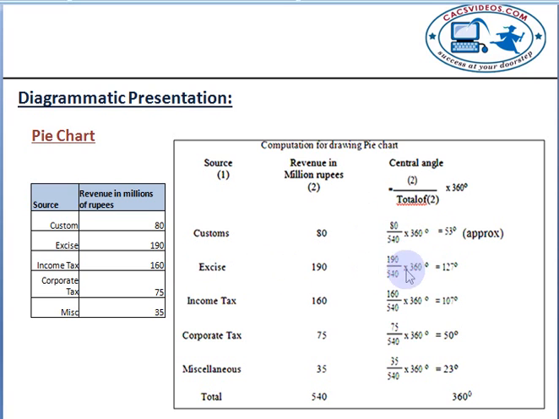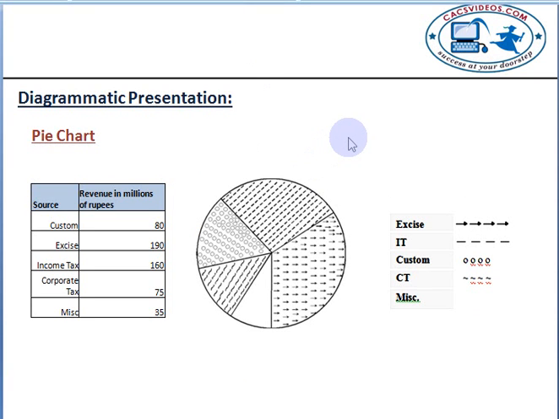Similarly you have to do this for the rest of the items. So out of 360 degrees, 53 degrees will be covered by customs. Similarly for excise, income tax, corporate tax, and miscellaneous. In our next lecture we'll discuss in detail frequency distribution and various representations of frequency distribution.